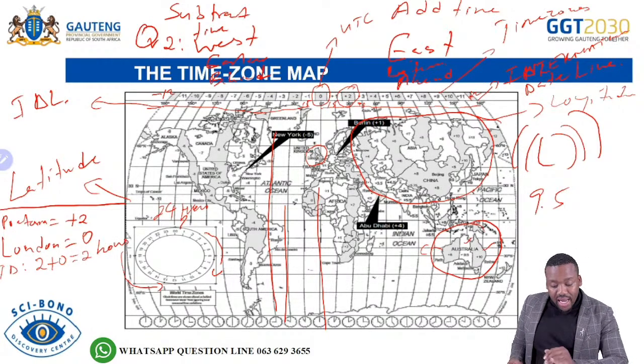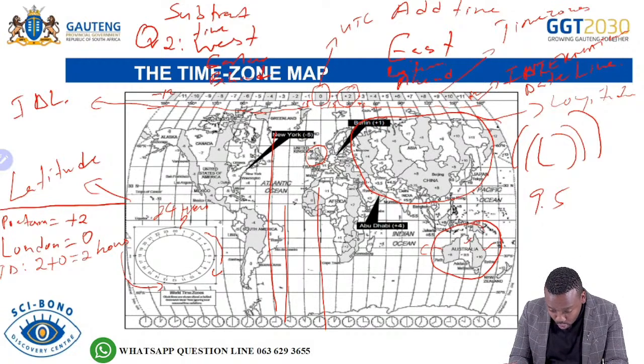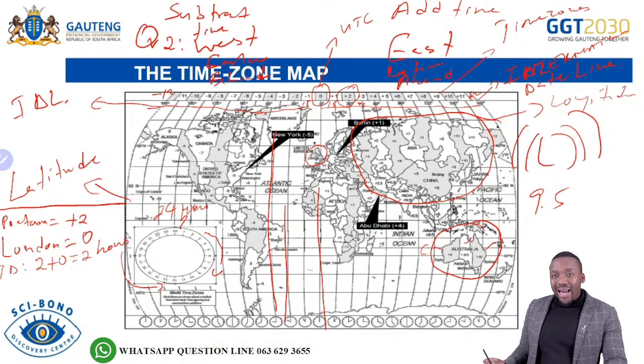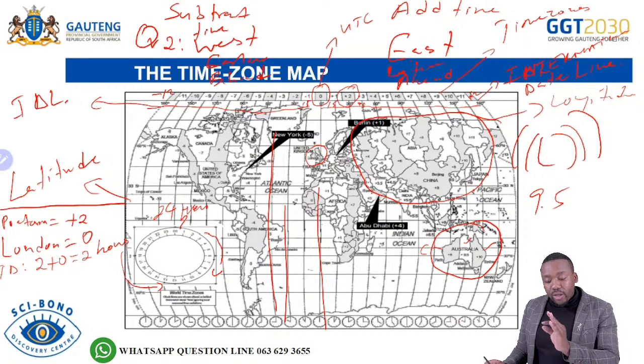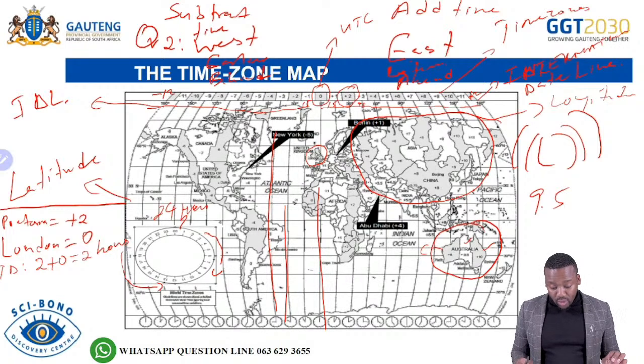It means the difference between South Africa and London is 2 hours. Let's confirm that. You also go back to your map, meaning South Africa is 2 hours ahead of London, and London is 2 hours behind South Africa. That's what we're trying to say.